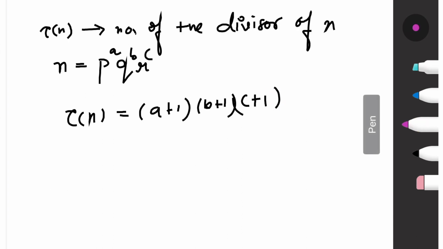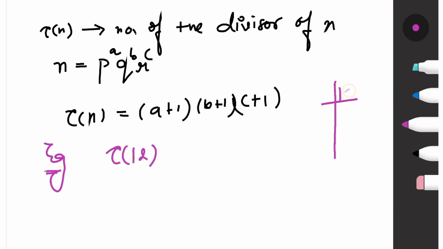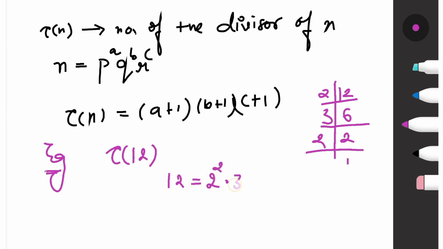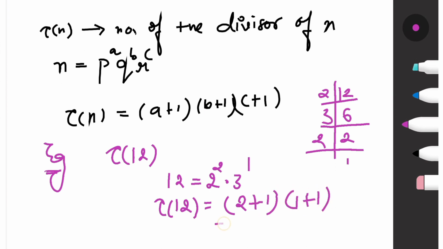For example, let's find out tau of 12. Factorize 12: you will get 2, 6, 3, 2, and 1. So I can write 12 as 2 to the power 2, 3 to the power 1. Tau of 12 equals (2 plus 1) into (1 plus 1), which is 3 into 2, and that equals 6.